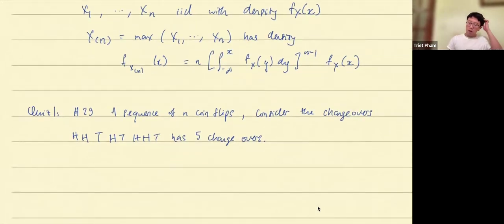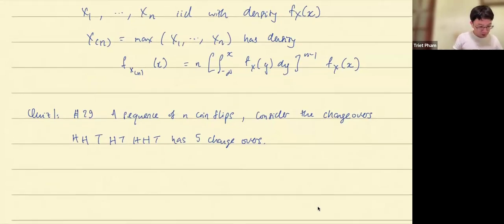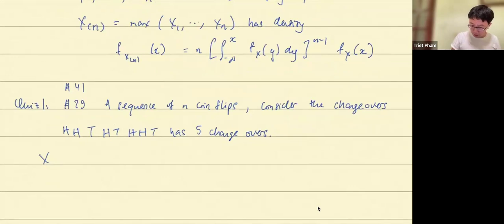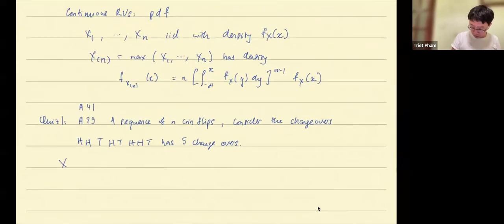Like that. And I guess this question is also related to question number 41. So you look at the random variable X, which counts the number of changeovers in the n coin flips.